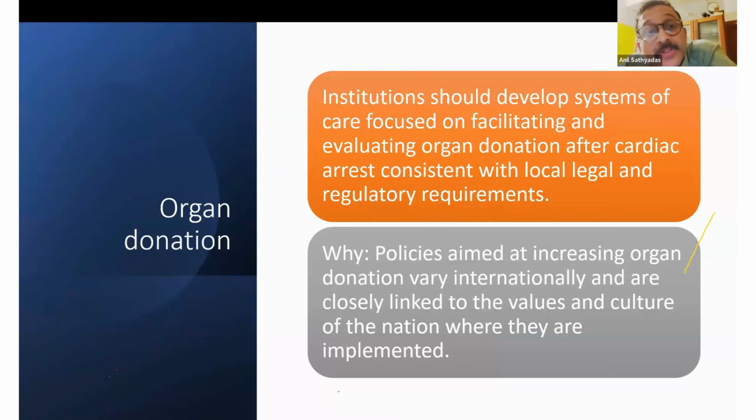So in those patients where your CPR is ineffective and the patient is declared dead, that's the moment you can think of activating organ donation. Maybe you might have to activate earlier, but still see if something can be harvested, even the cornea. So that also should be taken into consideration depending upon the local rules and regulations that prevail where you work.